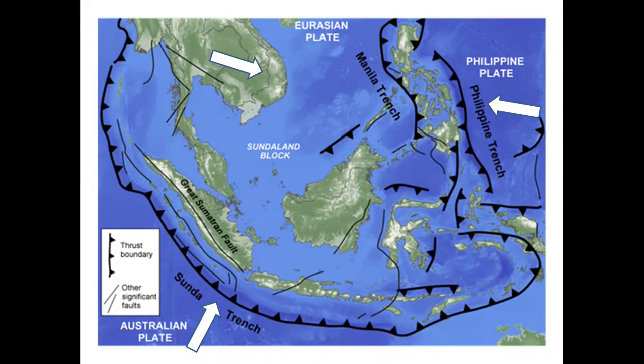This will be dealt with separately on another occasion. So that Sunda land block, or Sunda block, is a complex zone of interaction of three major plates, effectively Indo-Australian, Pacific, and the Eurasian plates.